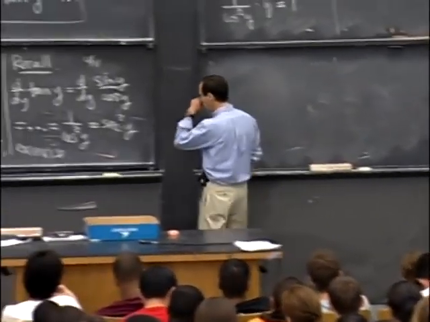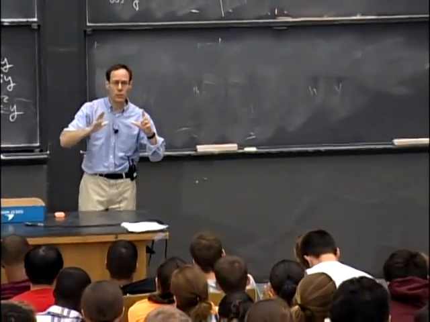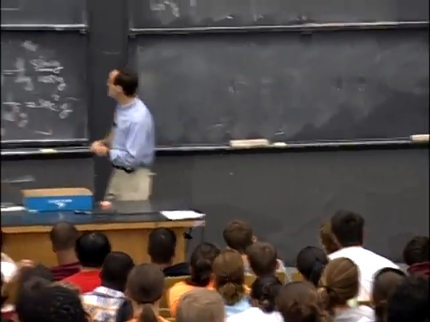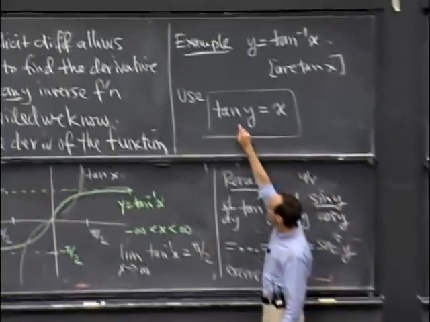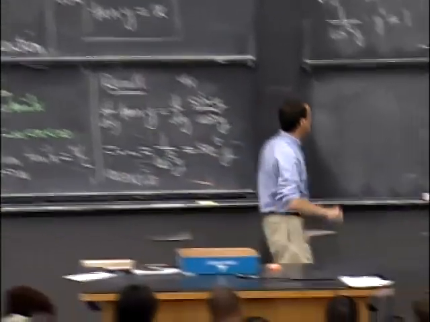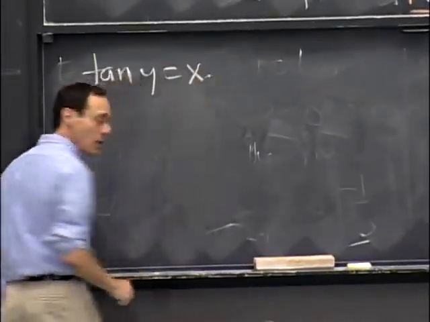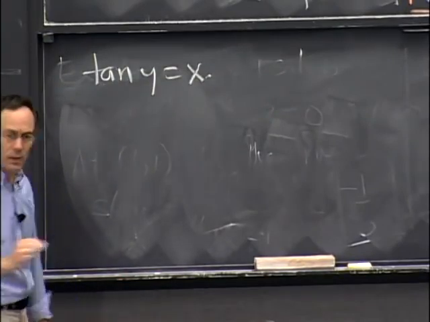So here we go. There's only one formula, one ingredient that we need to use to do this, and then we're going to draw a diagram. The ingredient, again, is the original defining relationship that tan y is equal to x. So tan y equals x can be encoded in a right triangle in the following way.